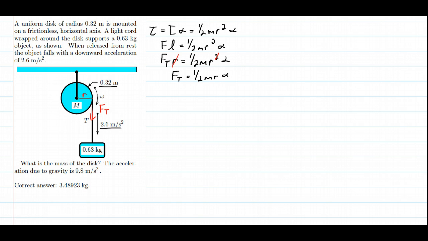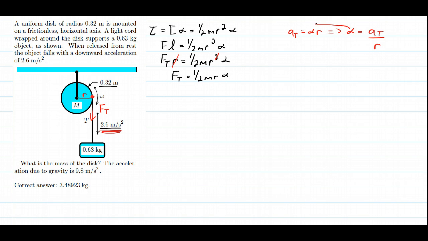In this case though, we don't know what alpha is. Instead, we're given a tangential acceleration. This is the tangential acceleration of the block falling, but it also equals the tangential acceleration of a point on the outermost edge of the pulley. And so we know that our relationship between tangential acceleration, AT, and angular acceleration is AT equals alpha r. So we can rearrange this to say alpha equals AT over r.